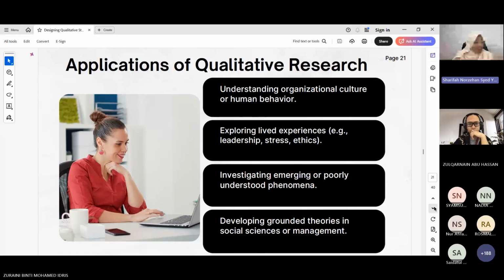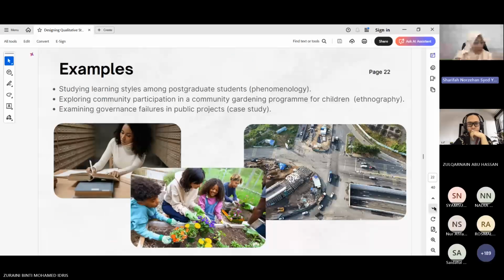So in the next slide, page 22, you can see these are some of the examples, all right? Studying learning styles among postgraduate students. This is phenomenology, all right? You did not actually mention which particular postgraduate students, things like that. So it's about their learning styles. And if you explore community participation in a community gardening program for children, this is what ethnography is all about.